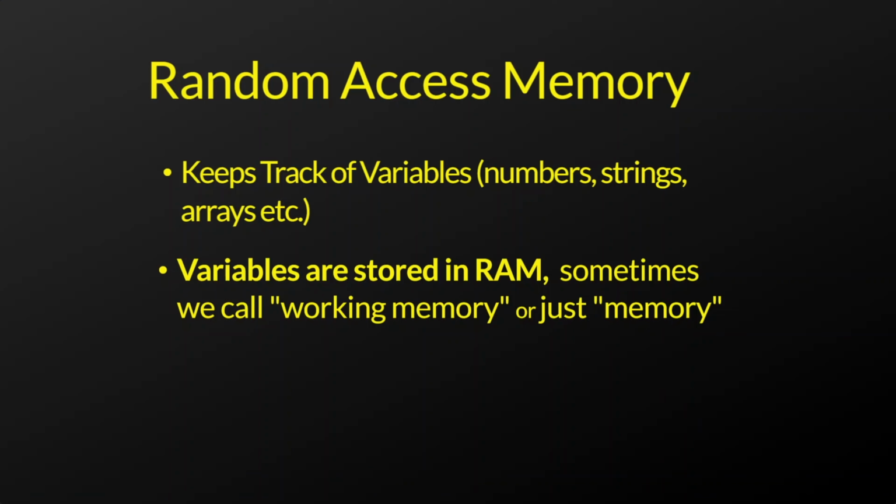In addition to memory, that is RAM, there is one more concept called storage, which is sometimes called peripheral storage or disk. While memory or RAM is used for storing numbers, strings, arrays, etc., storage is used to store files such as MP3s, audio, those things.